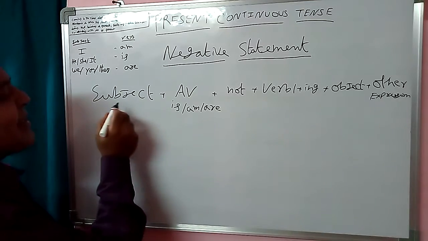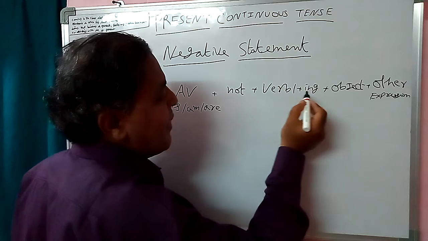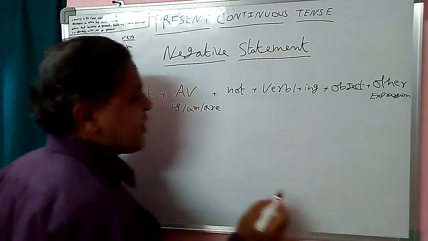Negative statement rule is subject, auxiliary verb is am, is, are, not, verb 1 plus ing, object, other expression.